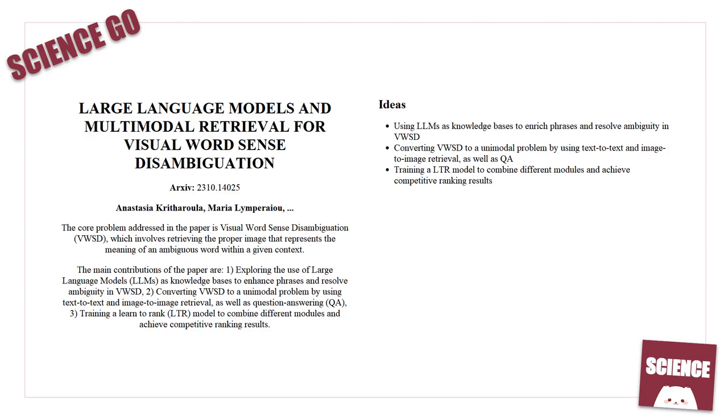It also proposes converting VWSD into a simpler problem by using text-to-text and image-to-image retrieval, as well as question answering. The paper's main contribution is training a model that combines different modules to achieve better ranking results. This research is important because it helps improve our understanding of language and how it relates to visual information.